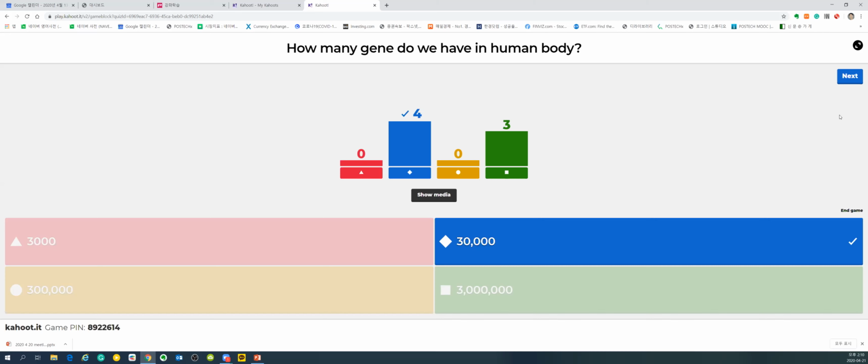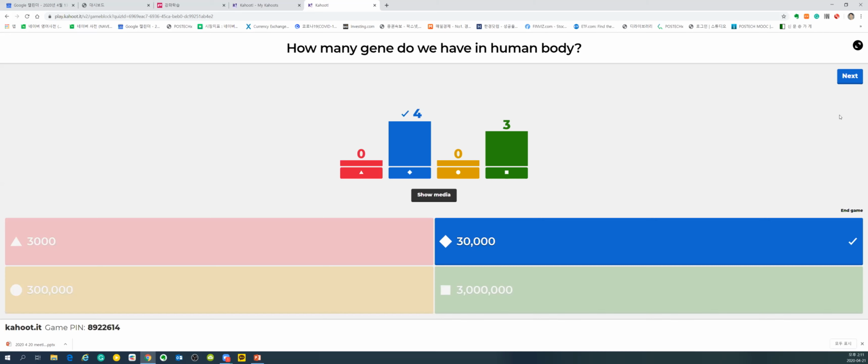So gene number, let's just say simple bacteria is about 3,000, yeast cells about 6,000, and Drosophila, the fruit fly, is almost 20,000. So we believed our body is much more complicated, but surprisingly, total gene number is not so many. It's about 20 to 30,000, at least by DNA sequencing.